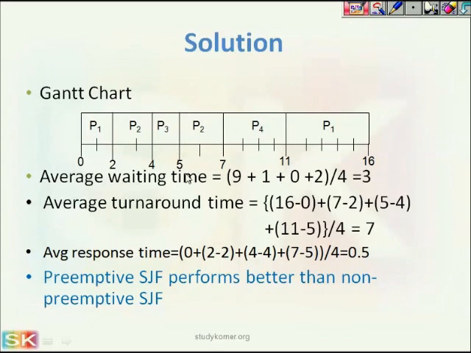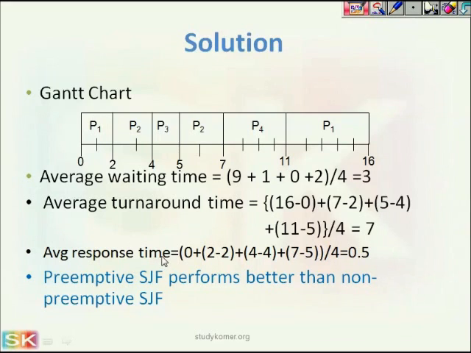P3 is completed at time 5 and submitted at time 4, so its turnaround time is 5 minus 4, plus P4 completed at time 11 and submitted at time 5. So 11 minus 5, and the total divided by 4 is equal to 7. So this is the average turnaround time of this system.